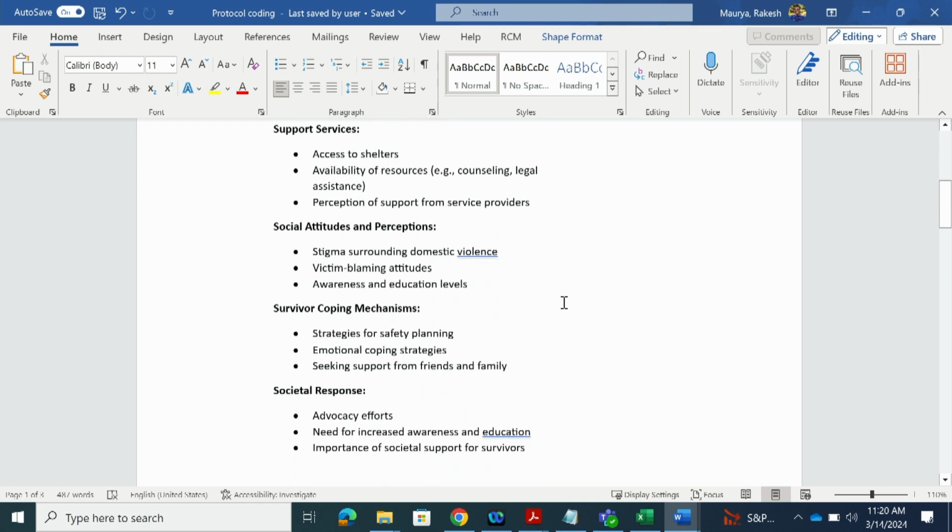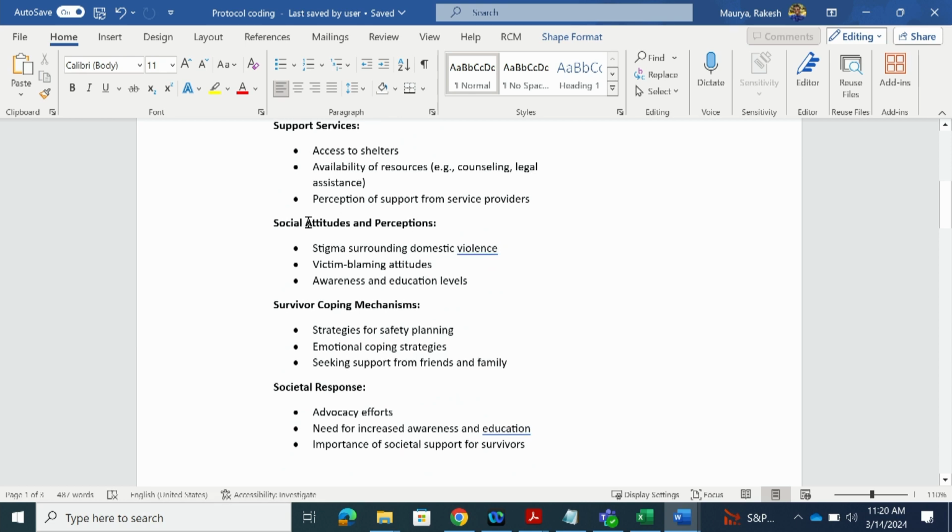And we have another code, which is social attitudes and perceptions, and it has some subcodes: stigma surrounding domestic violence, victim blaming attitudes, and awareness and educational levels.